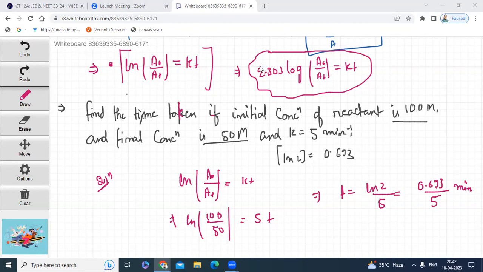I am saying that find the time taken if the initial concentration of the reactant is 100 capital M. This is the initial concentration of reactant, this is the final concentration of the reactant.